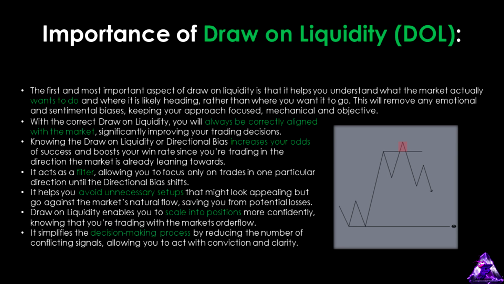I can have everything else in place, but without this aspect, all my efforts become redundant. For your analysis, the top priority should be accurately determining your draw on liquidity and having a clear directional bias. That way, on the lower timeframes, you can focus on trades aligned with that direction.